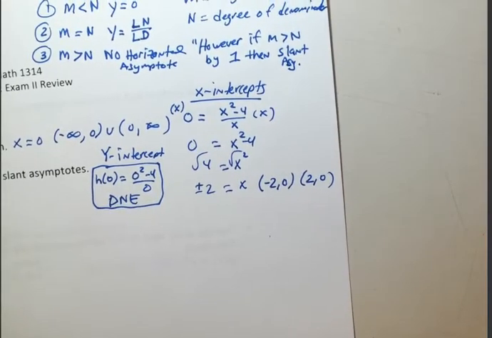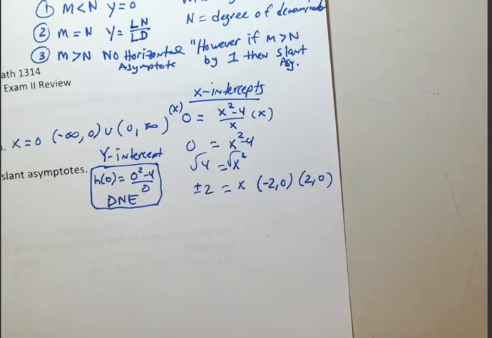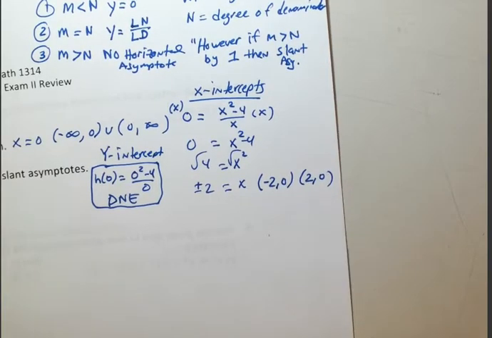So if m is greater than n by just 1 degree, then there's a slant asymptote. Those are the 3 rules to help you identify if there's any horizontal asymptote. And we'll have some practice here.